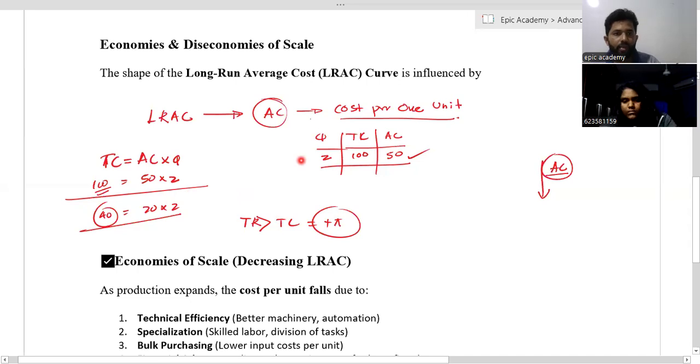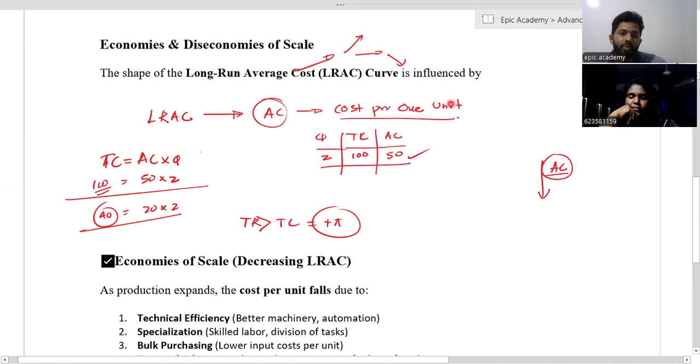Okay. So economic scale always represents the cost per one unit. But in the long run, the cost per one unit behaves in three manners. We can categorize that behavior into three categories: increasing scale, constant scale, decreasing scale.